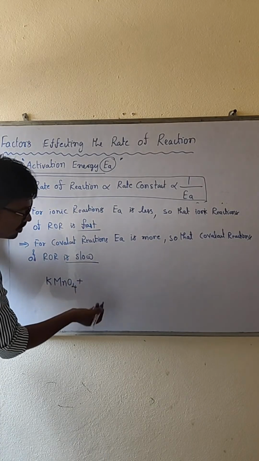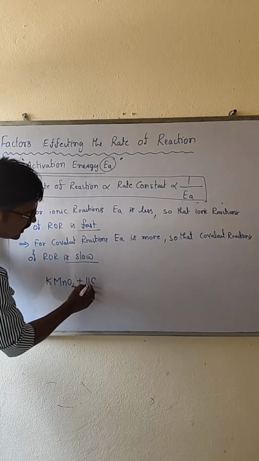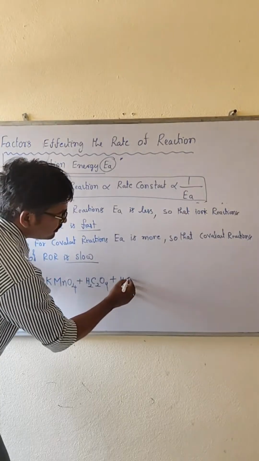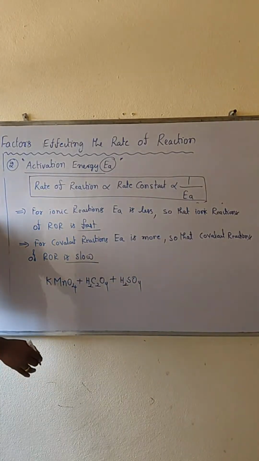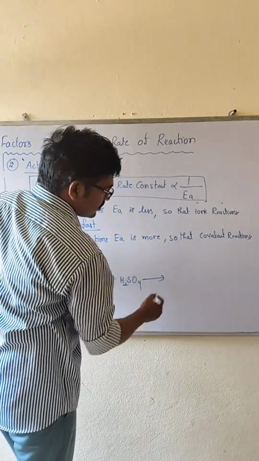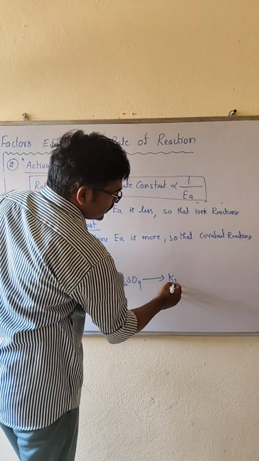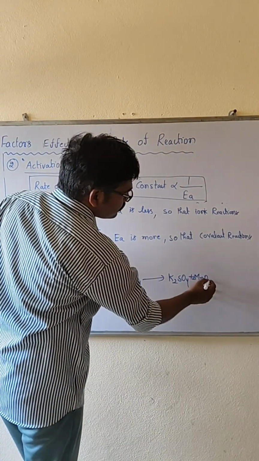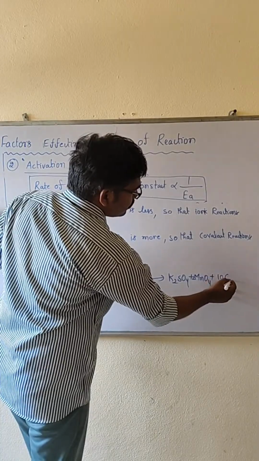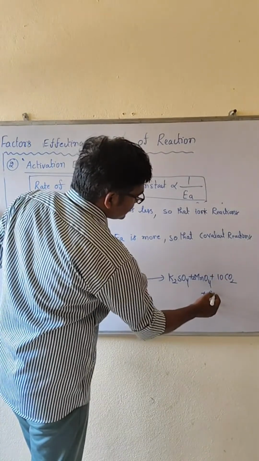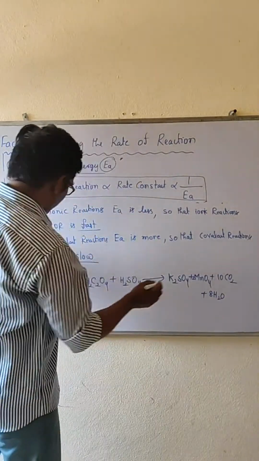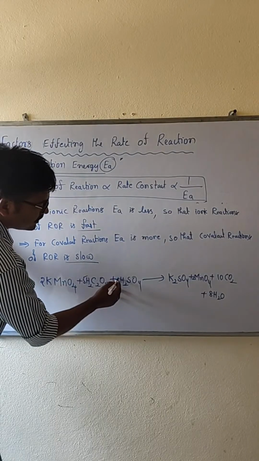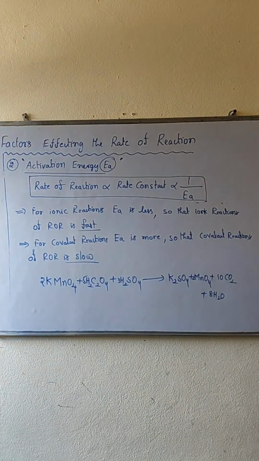When KMnO4 is treated with oxalic acid, H2C2O4, in the presence of acidic medium H2SO4, K2SO4 will be formed, plus 2 MnSO4, plus 10 moles of CO2, plus 8 moles of H2O. To balance that equation, we take 2 here, 5 here, and 3 here.